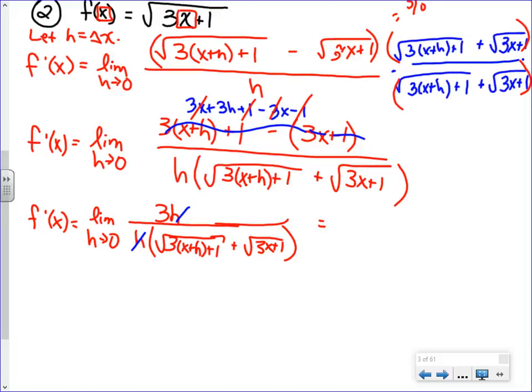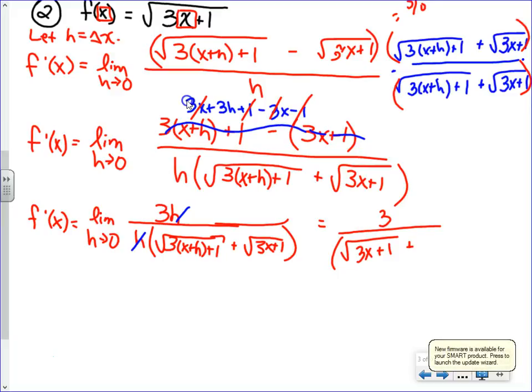And we end up with, the 3 is by itself, its h went away. On bottom the h is gone. We have in our parentheses, square root of 3x plus 0 is 3x plus 1, plus square root of 3x plus 1.